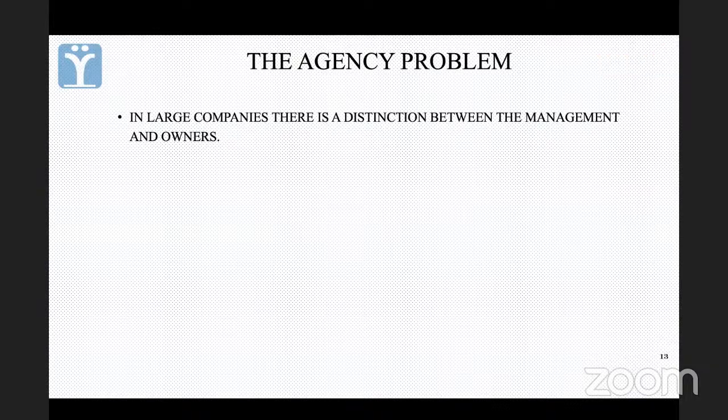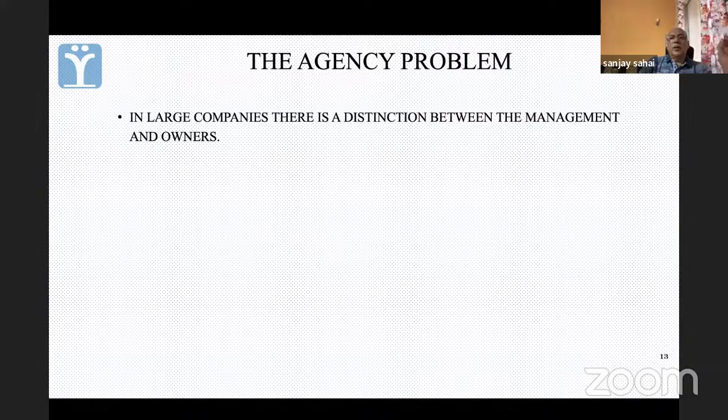So when we talk about the agency problem, we are basically trying to say that there is a distinction between the owners. When you try to look at stakeholders, the first persons you mentioned were the owners, because they are the largest shareholders.